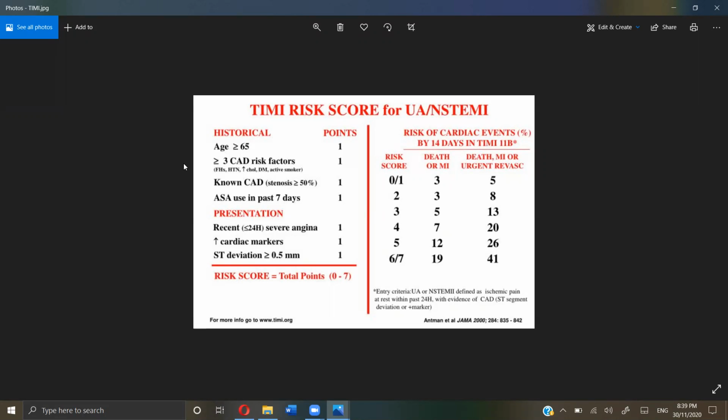So in TIMI degree 0, there is absence of blood flow. It means that it is not effective. The first degree is minimal blood flow, and it appears below the place of occlusion. Second degree of TIMI score, partial blood flow.